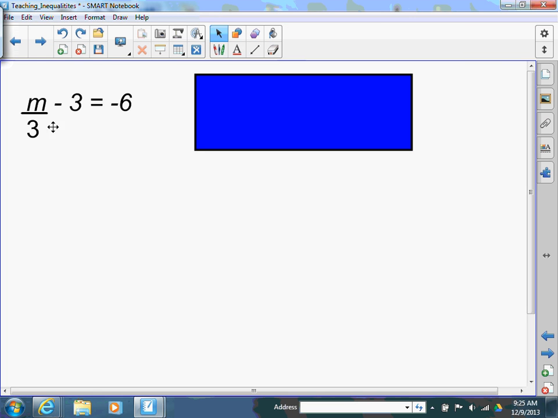Okay, let's go here. Write the equation down. m/3 minus 3 equals -6. Put it on the equation side. We're going to solve the equation before we solve the inequality.